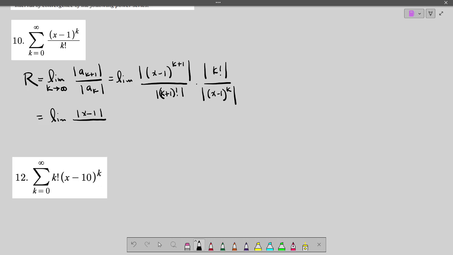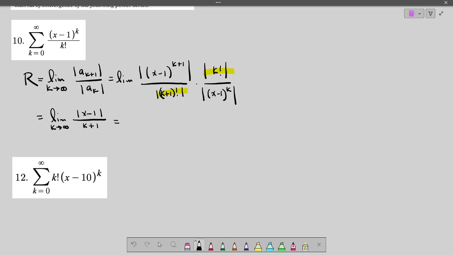And then how did the k factorial and the k plus 1 factorial, what does that all reduce to? Just k plus 1, because k plus 1 factorial is k plus 1 times k factorial, so this reduces to that. All right. Now this limit is as k goes to infinity. Is there a k in the numerator?